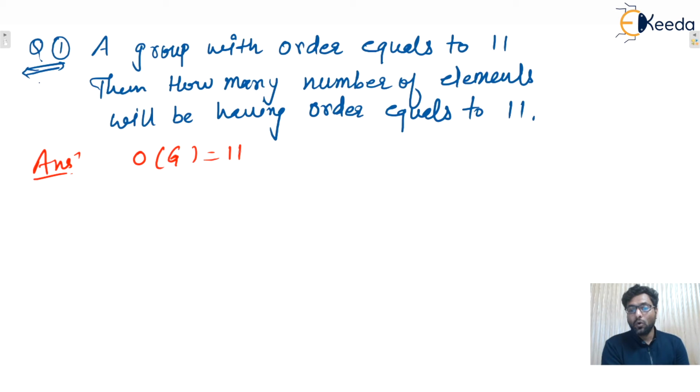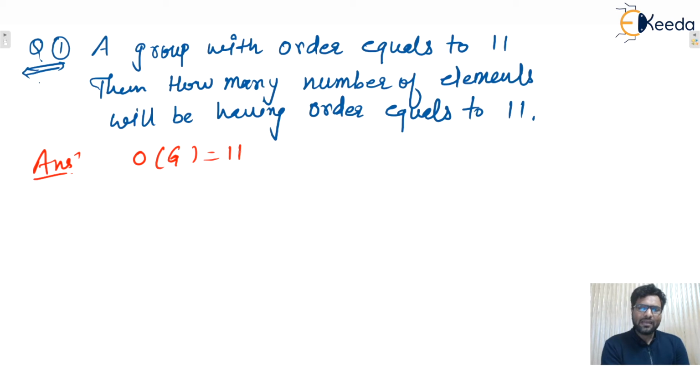All 10 elements will have orders such that the order of any element must divide the order of the group. So 11 is a prime number, and a prime number is divisible by either 1 or itself.